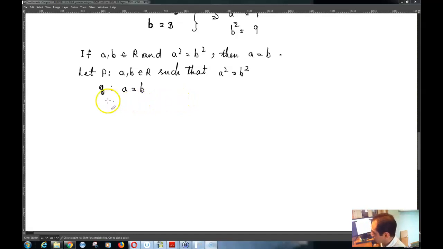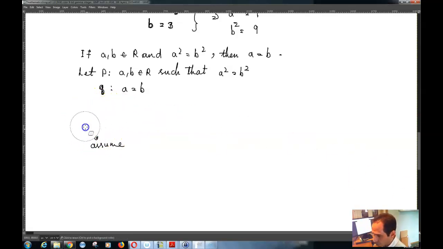In the direct method, we assume that P is true, and then we prove that Q must be true. So that means P then Q is true.